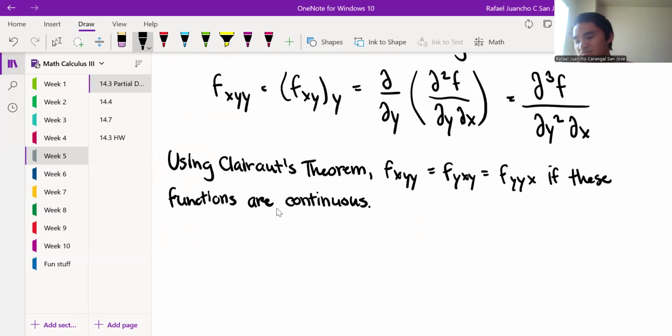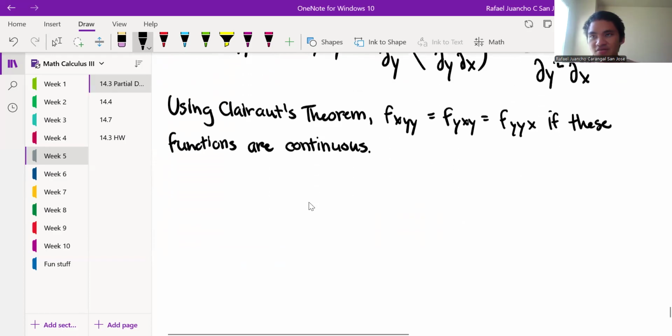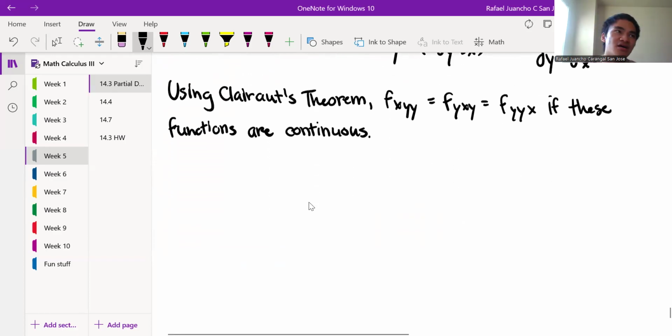But if we have a polynomial function, then that's guaranteed to be continuous. Piecewise functions, for instance, are not continuous, especially if they have holes and gaps.